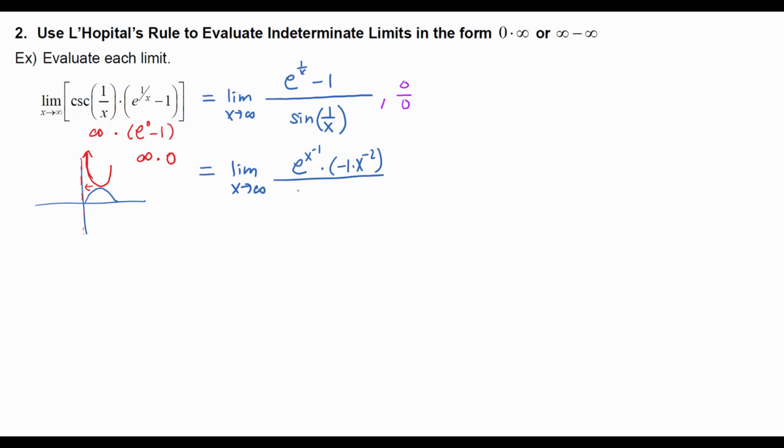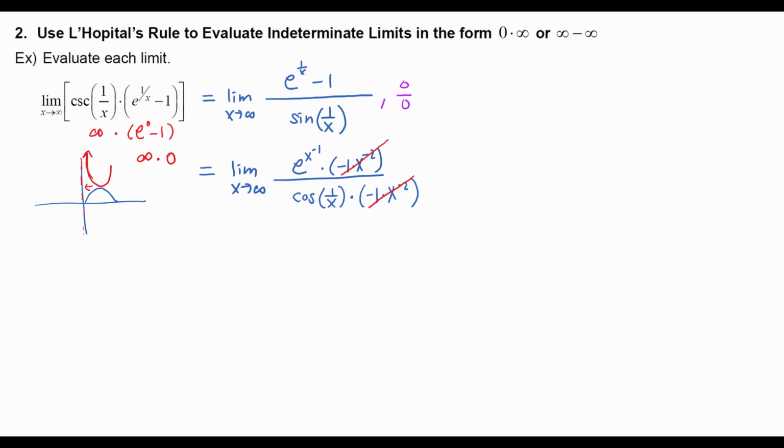Derivative of sine u is cosine of u times u prime. And my u again is 1 over x, which is x to the negative 1 power. So it's the same as what you have above. Derivative of 1 over x is negative 1 times x to the negative 2nd power. So right away, since I have common factors, you can cancel them.